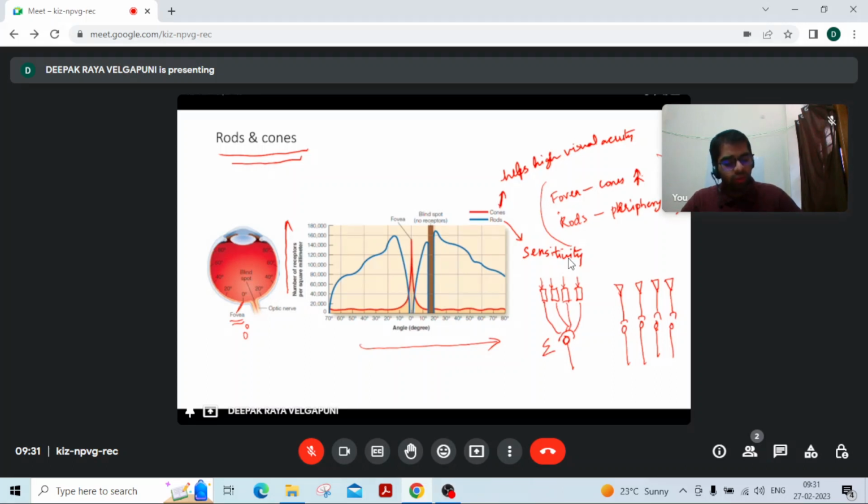Whereas if you take cones, if there is a small input, the input current is still a small amount and the downstream neuron doesn't reach its threshold, and there is no output signal for further processing. This way there is high sensitivity for rods. But coming to cones, why is there a high visual acuity?